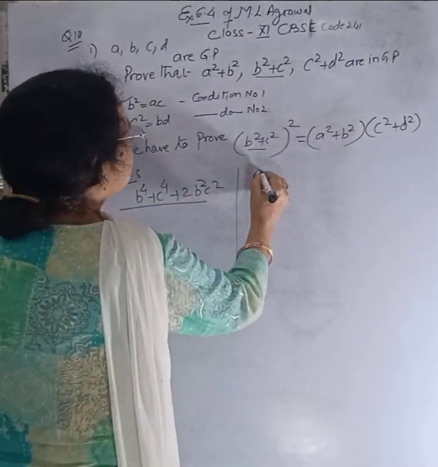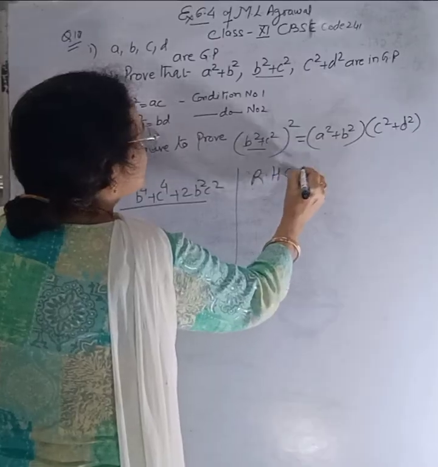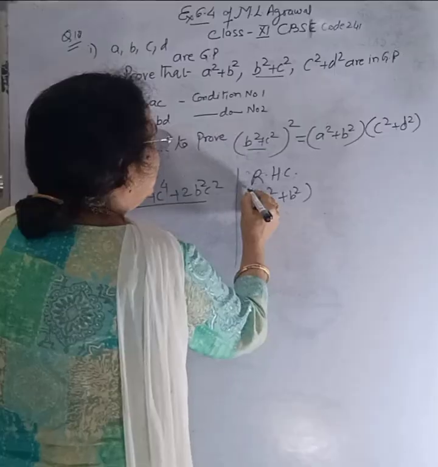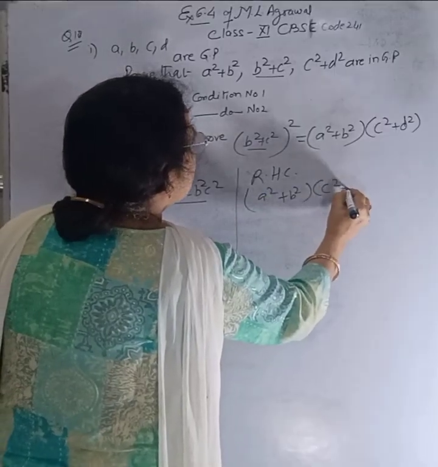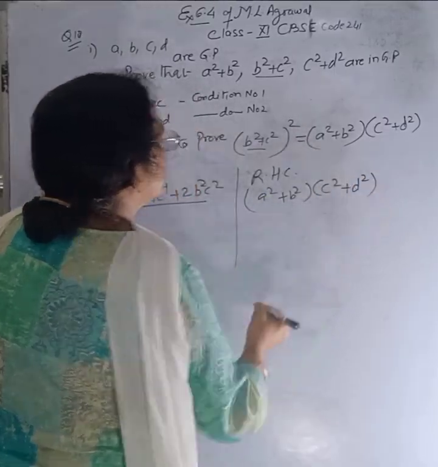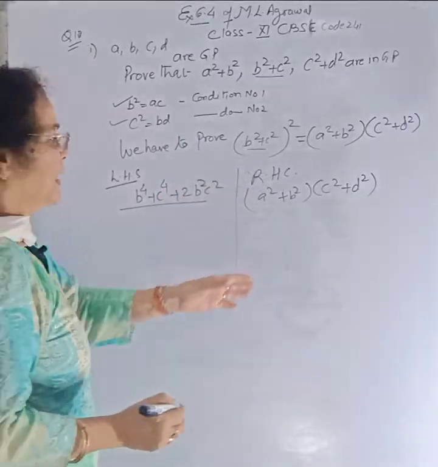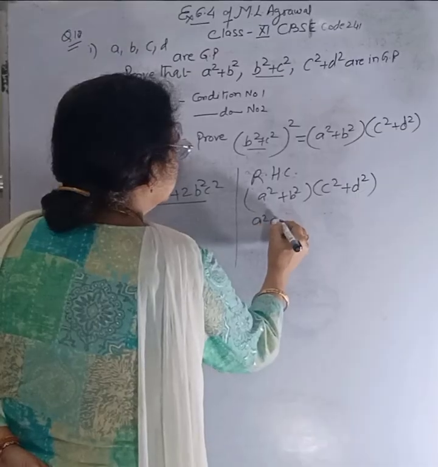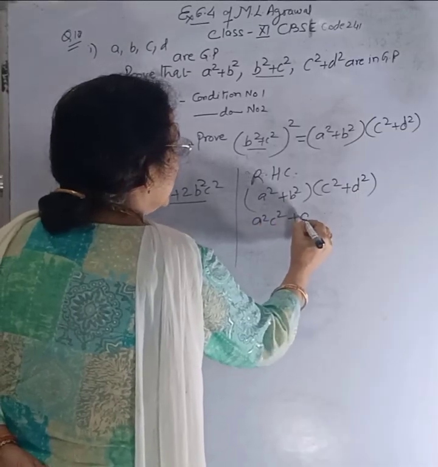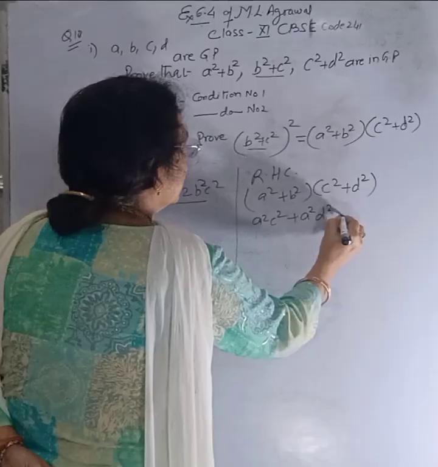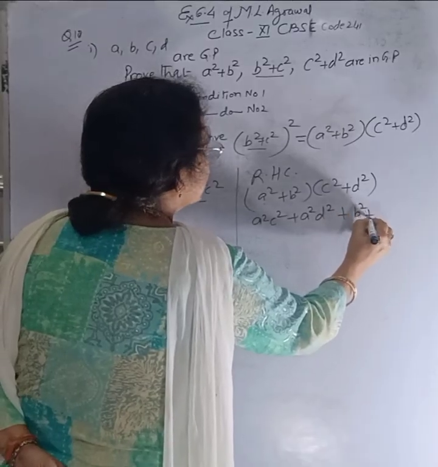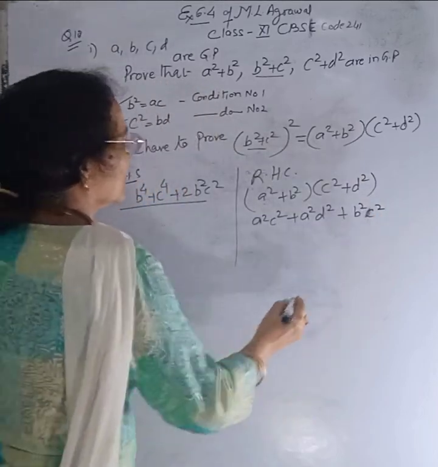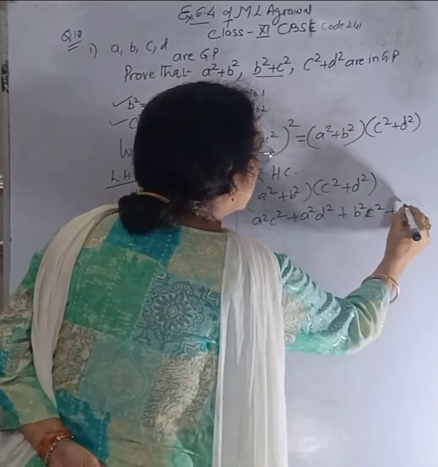Now the right hand side: A square plus B square into C square plus D square. Let us multiply each other. We'll get A square C square plus A square D square plus B square C square plus B square D square.